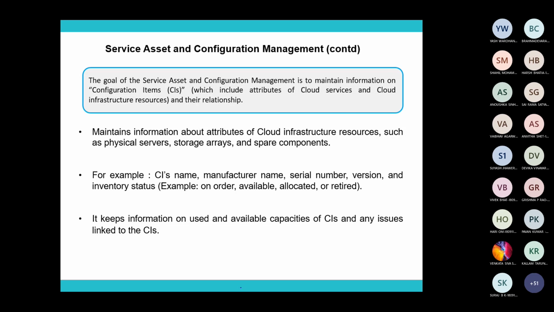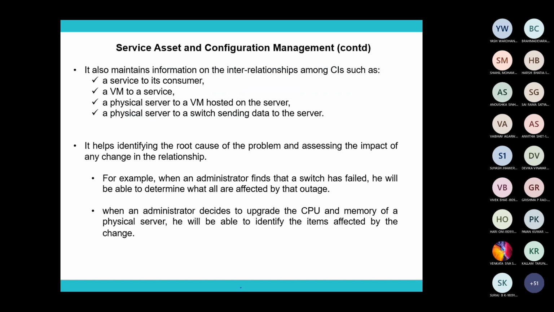In case a new component is added, all that information will be managed by service asset and configuration management. It also stores the dependency or interrelationship information, right? The different interrelationships are like service to consumer, that is, who is accessing that particular service, and VM to service, which services are running in the particular virtual machines, and also physical server to virtual machine.